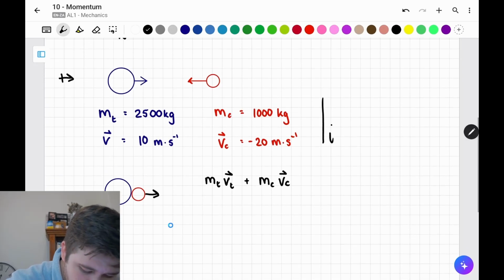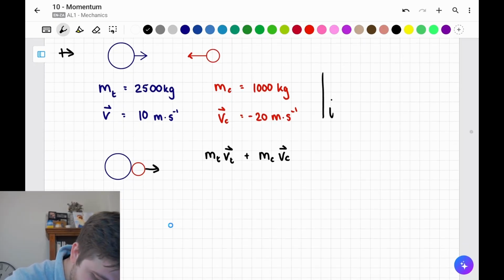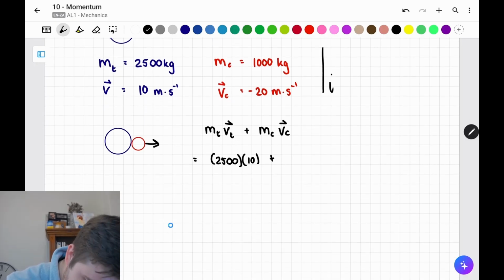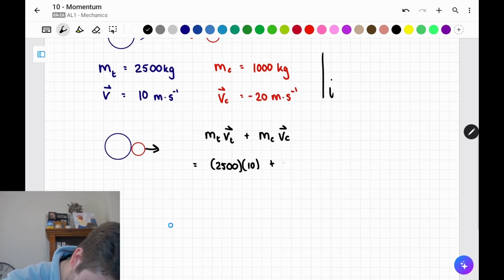Now, we need to include our signs as we are working with vector units. So let's do that. We have 2,500 multiplied by 10, and over here we have 1,000 multiplied by -20.